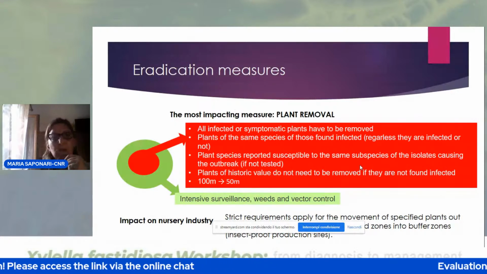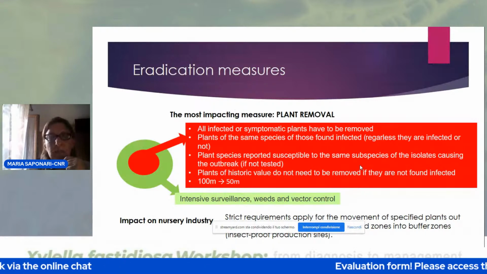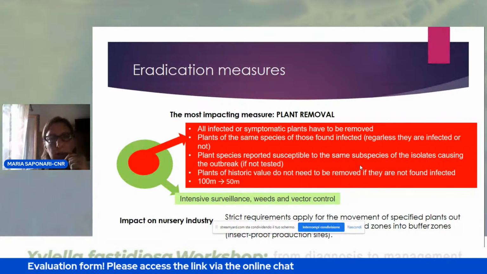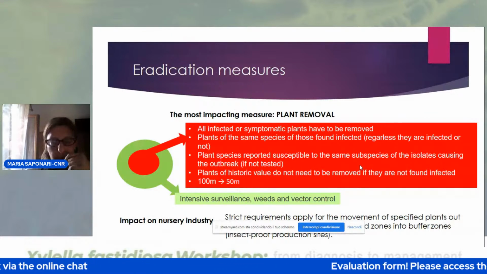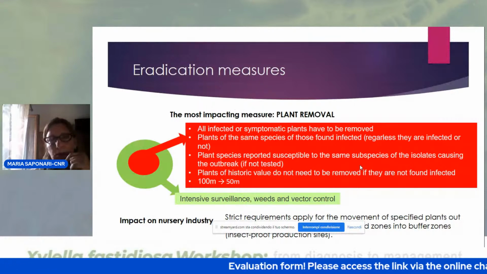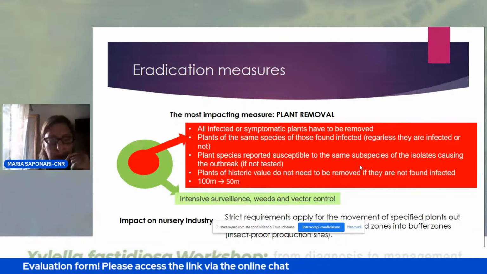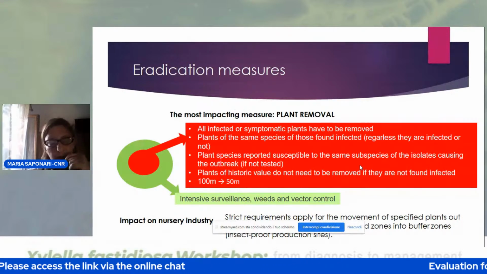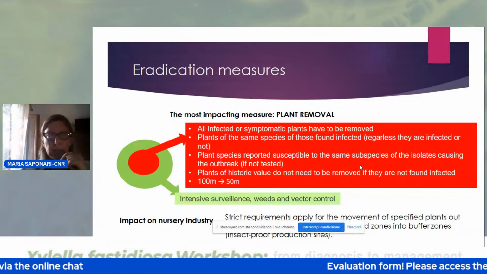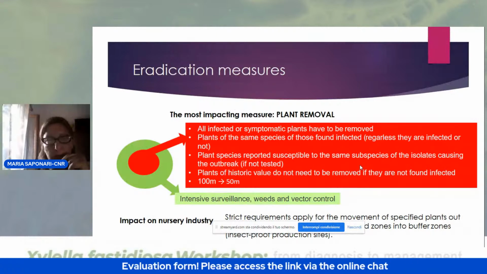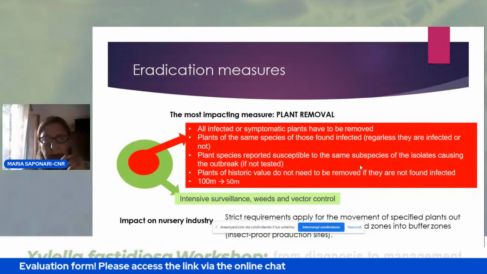So for the eradication measure, what is mandatory, when an outbreak is detected, is to remove all the infected and symptomatic plants, of course, but also all the plants in a radius of 50 meters. This has been updated recently. In the past, it was 100 meters. You have to remove all the plants belonging to the same plant species, regardless of whether they were infected or not.